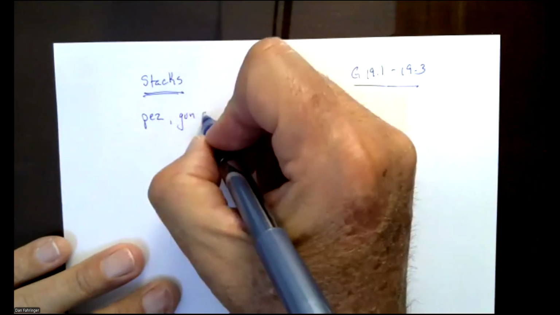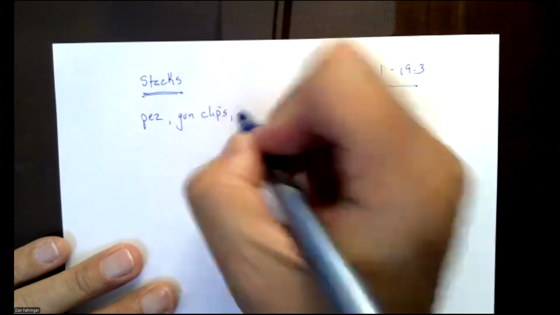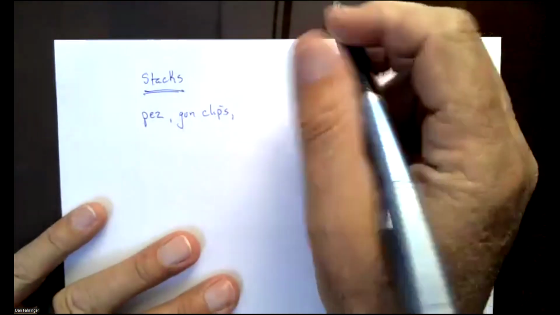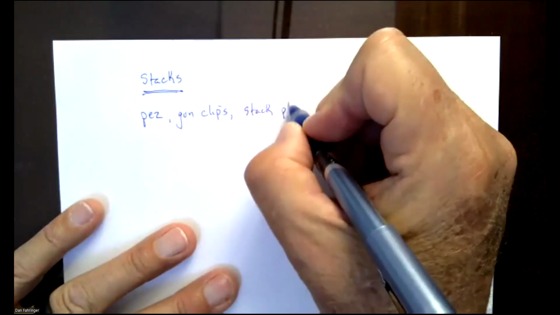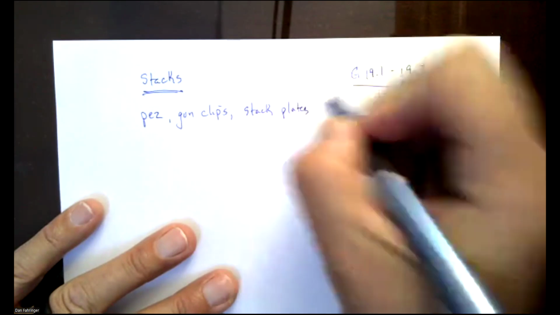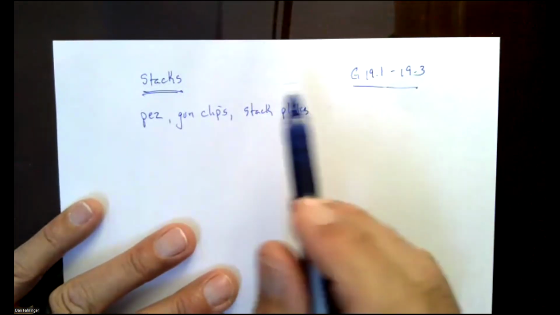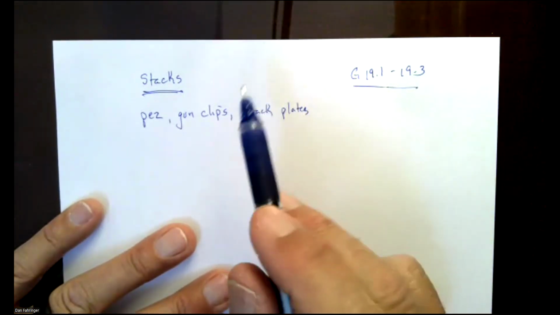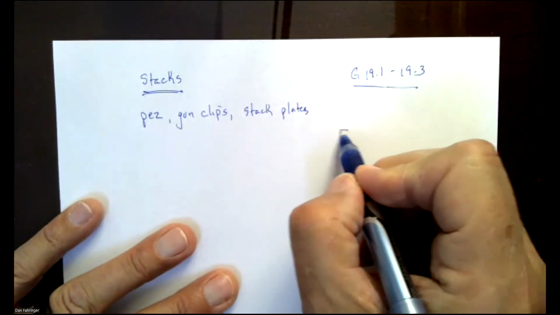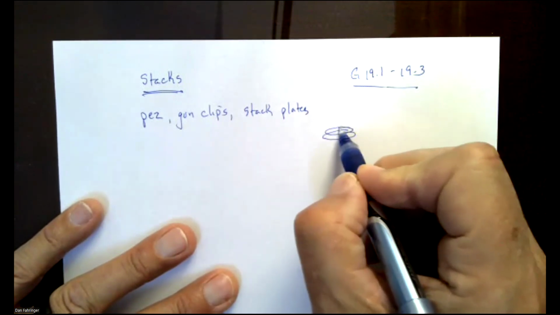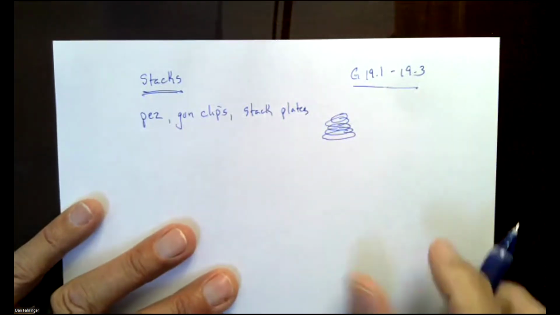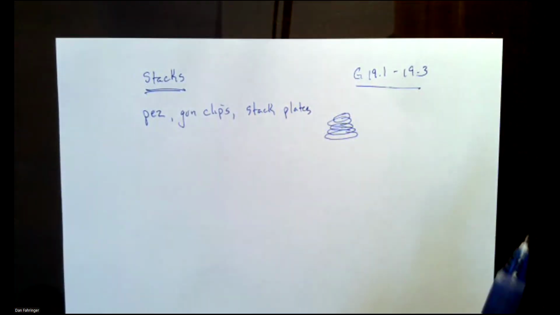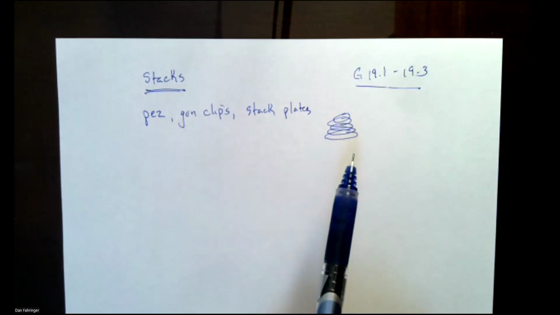A stack of plates in your cabinet. As you wash one, you put it in, you wash another one, you put it in. So all of a sudden you have a plate, and then another plate, and another plate. But you start to build up this stack.